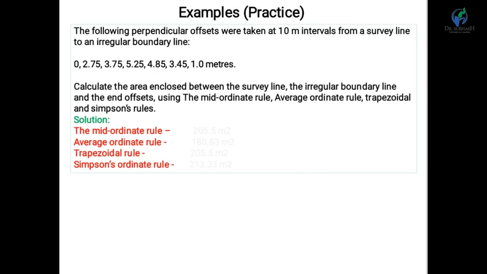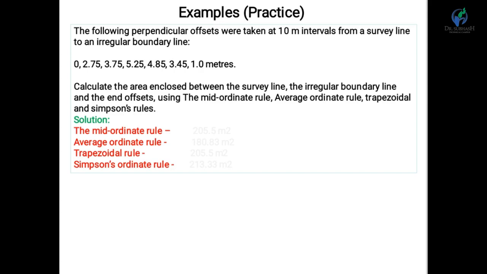Now I will give you a practice assignment for calculation of areas, in which some data like interval and offset of ordinates are given, and we have to find the enclosed area between the irregular boundaries and the survey line.